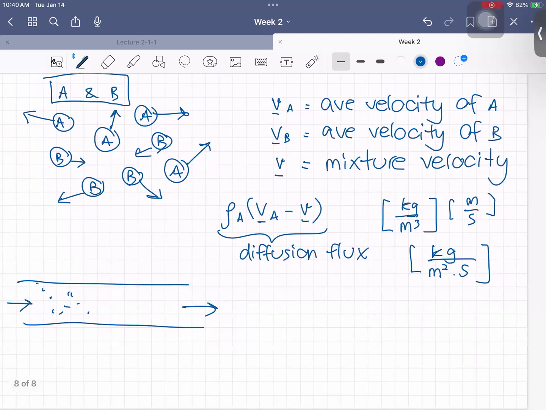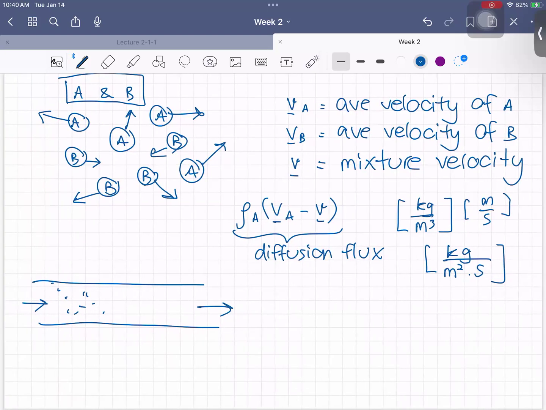There will be an average velocity of the solution and also the velocity of the particles of salt. If they're flowing in this pipe, they're not moving at the same speed.